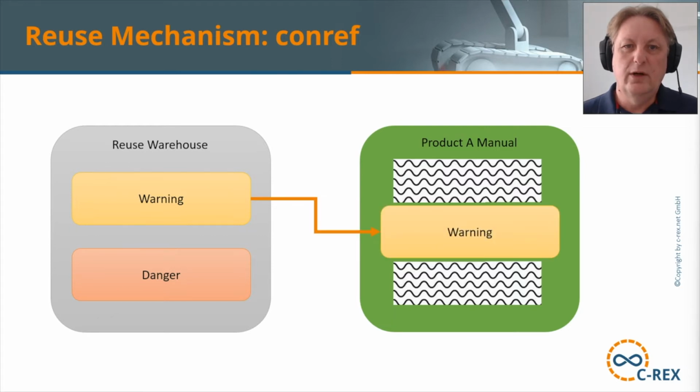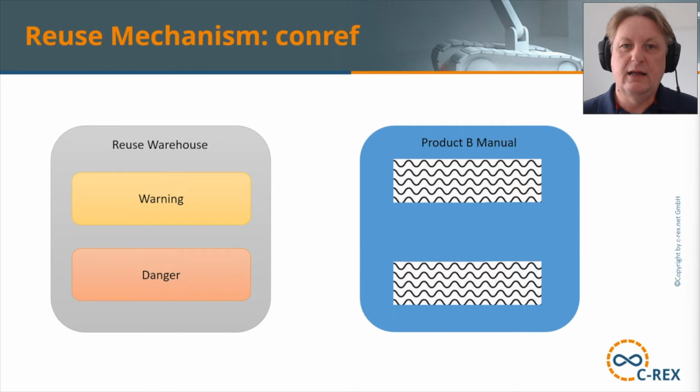When we need a warning which is stored in our reuse warehouse, we simply add a reference to it. And this way we ensure data integrity and save costs for redundant content. An approach that saves effort and money in translation processes at the very latest.